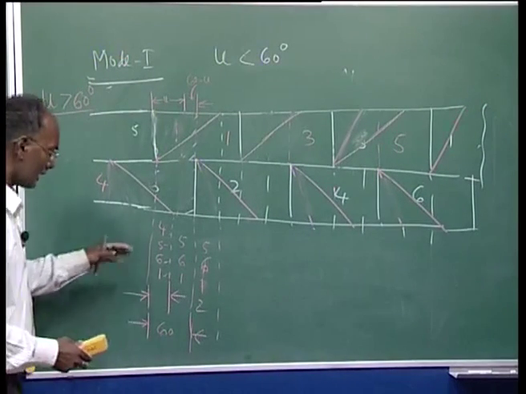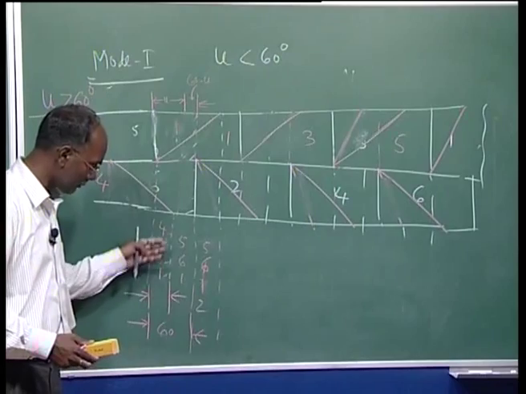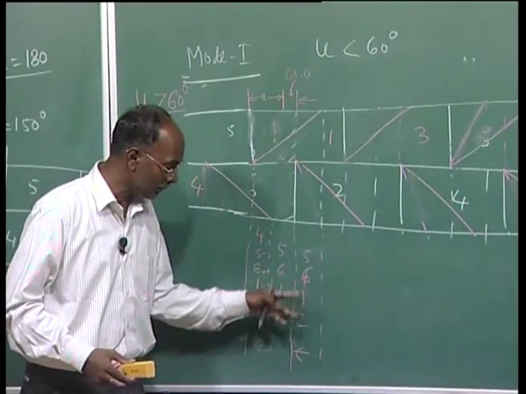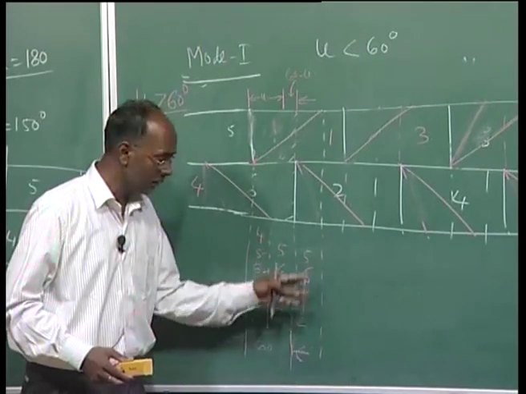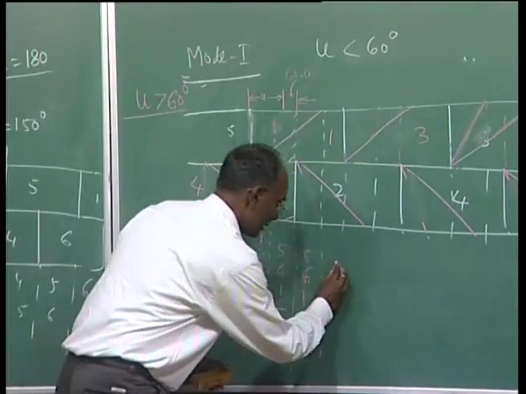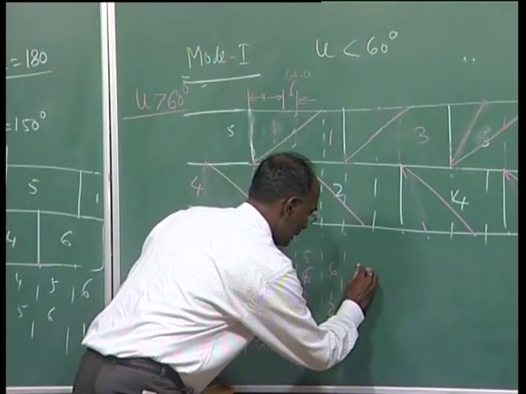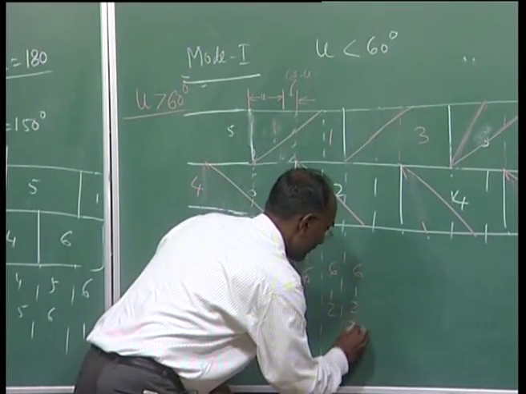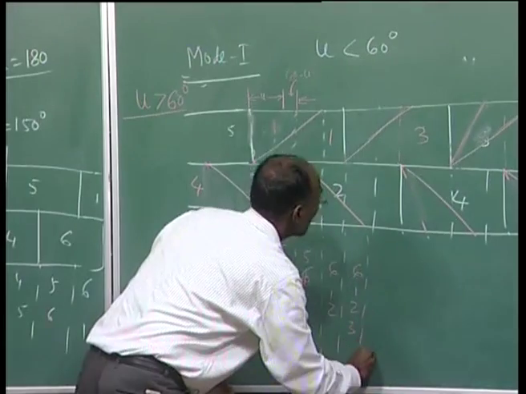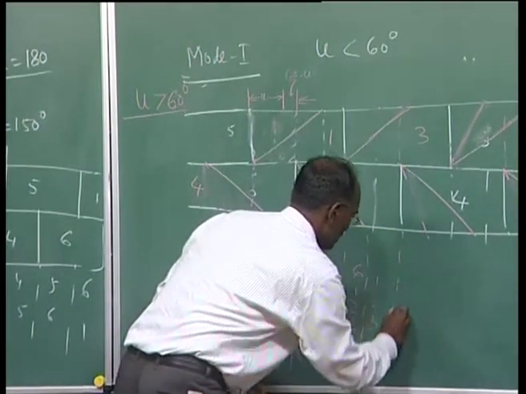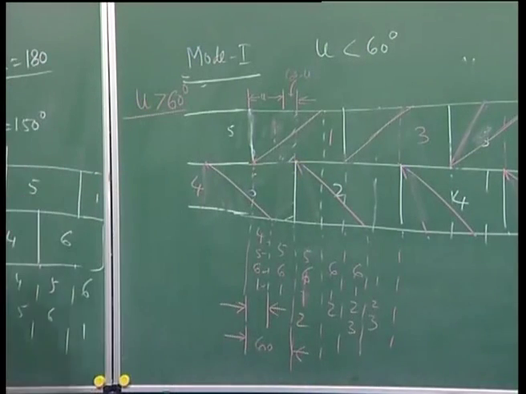You can see this is also symmetrical: 4, 5, 6, then 4 will go, 5, 6 will retain here, then again 2 is fired, then 5, 6, 1, 2, then 5 will go, then we will find here 6, 1, 2 and so on and so forth. I can write here 6, 1, 2, 3, and then we can go for 1, 2, 3 and so on and so forth. So this will be the conduction pattern.